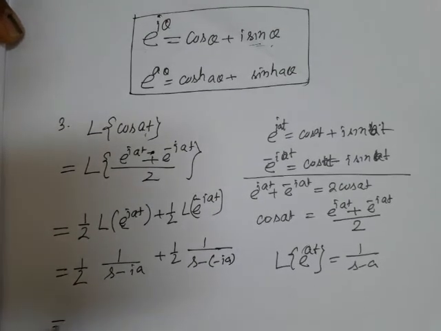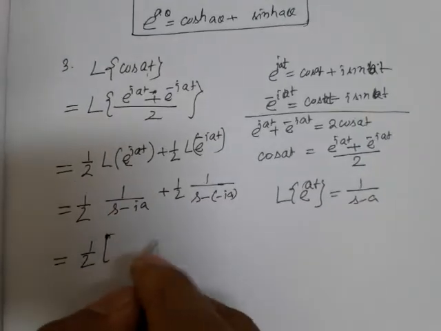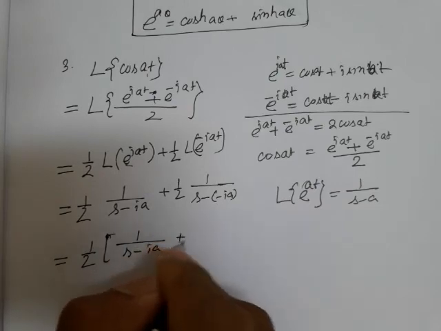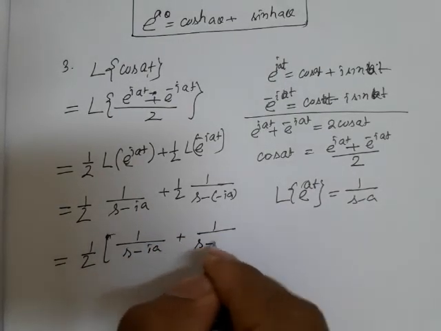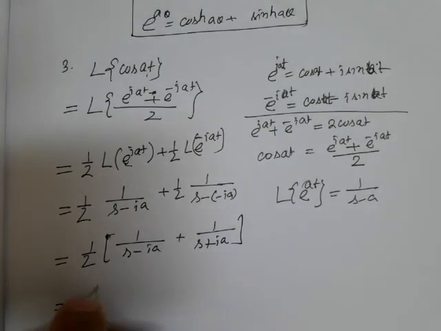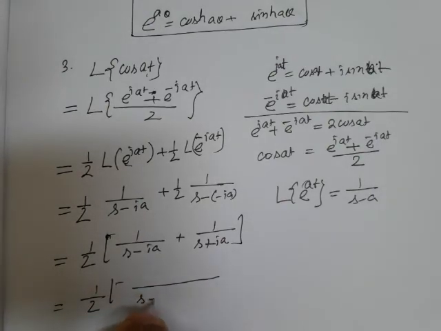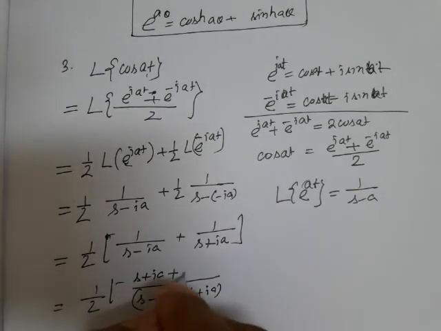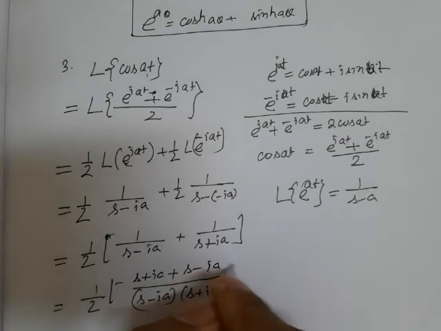Okay, so 1 by 2 you can take common: 1 by 2 into (1 by s minus i a plus 1 by s plus i a). To simplify this, after simplifying, what will you get? 1 by 2, if you take LCM, you will get (s minus i a) into (s plus i a) in the denominator, and in the numerator s plus i a plus s minus i a.